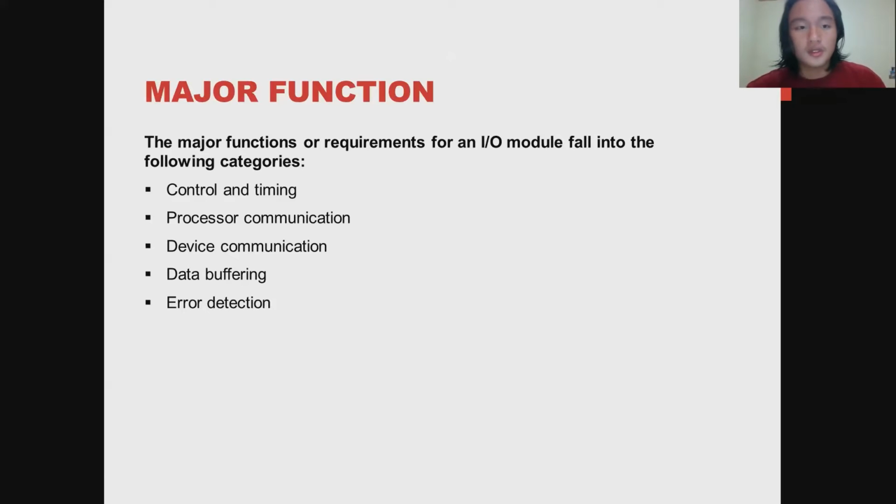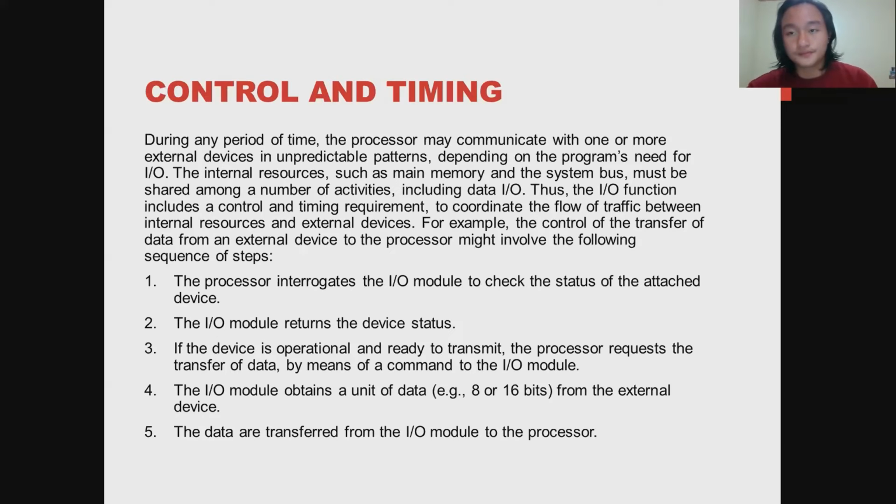Input-output module. An input-output module has five major functions: control and timing, processor communications, device communication, data buffering, and error detection. These are the major functions or requirements for an input-output module. First, control and timing.